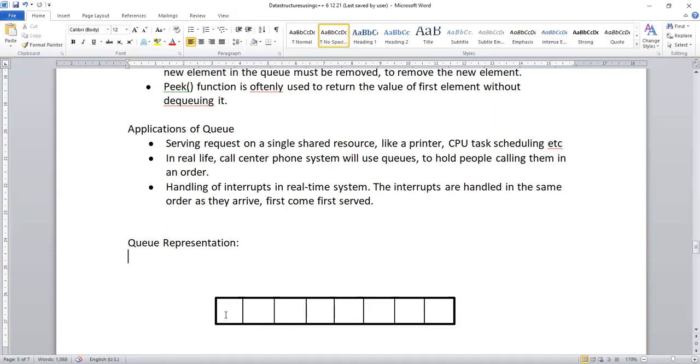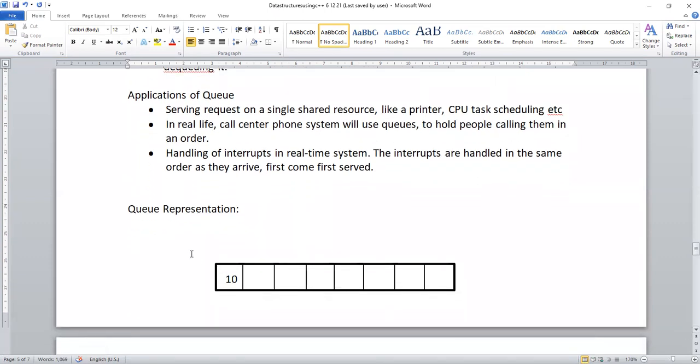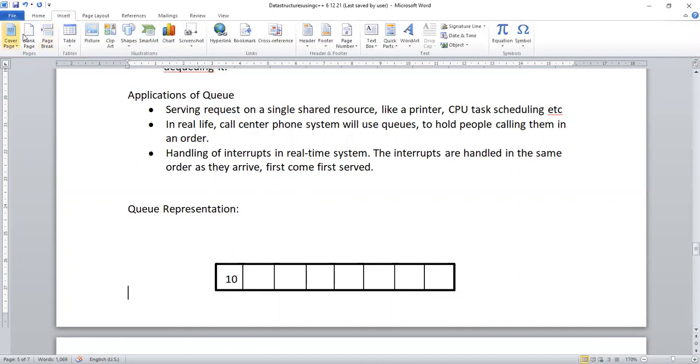So if I am writing the first element here, 10, this is the first element to be removed. This end is called the front end. From the rear end I am inserting the element, from the front end I am deleting the element. Okay, so I'll show it in a diagram.